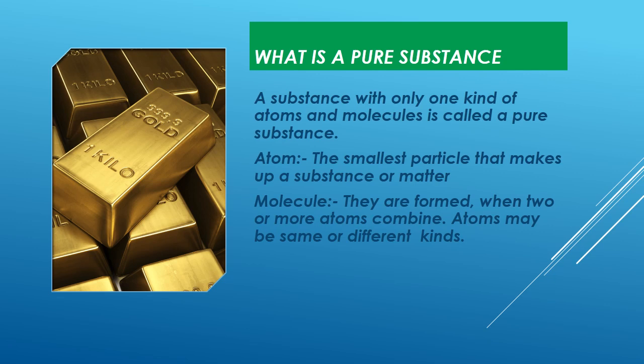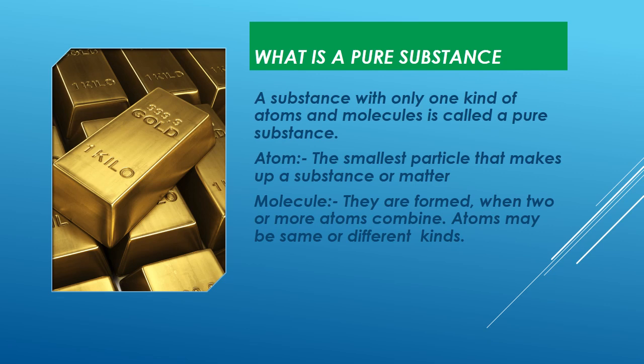Okay, now based on the composition, all the substance or matter can be divided into two types of substances: pure substance and a mixed or an impure substance. So what is a pure substance?